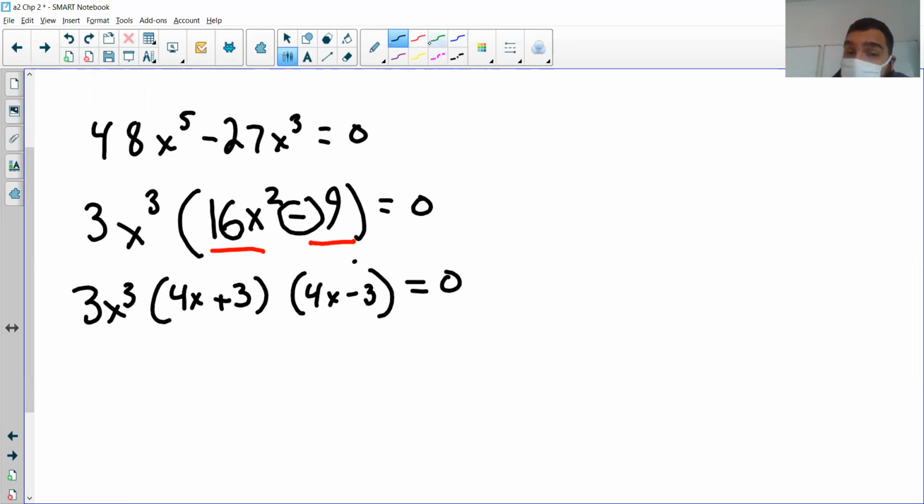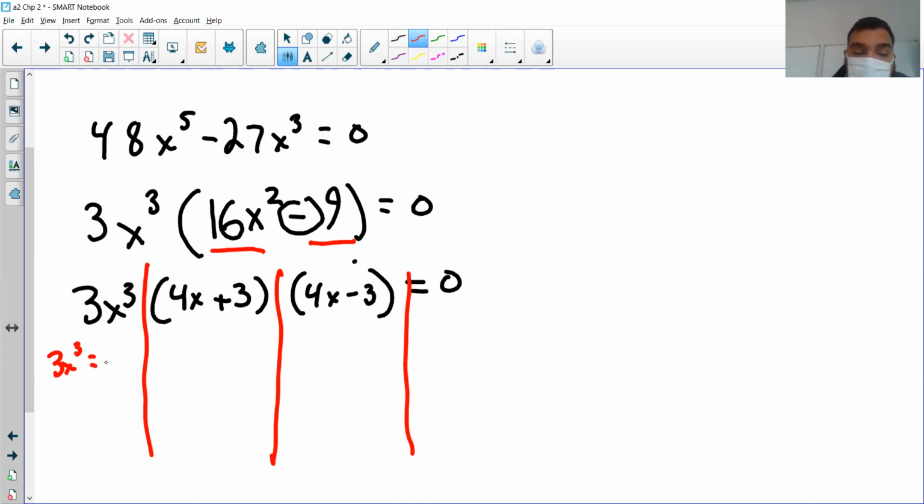All right, so because we cannot simplify any part anymore, we split it up and set each one equal to 0. So 3x cubed equals 0. 4x plus 3 equals 0. And then 4x minus 3 equals 0.